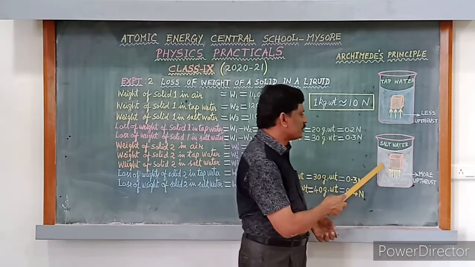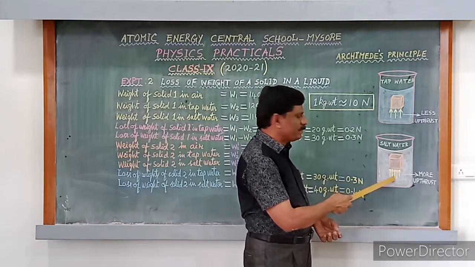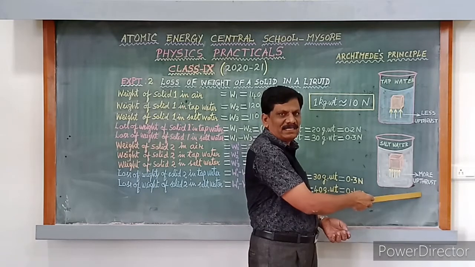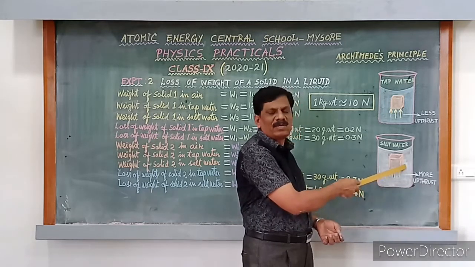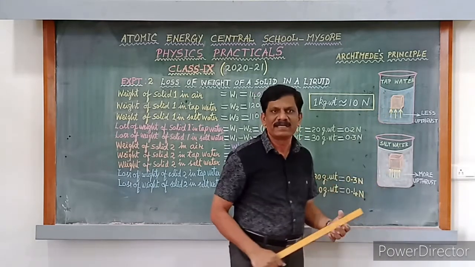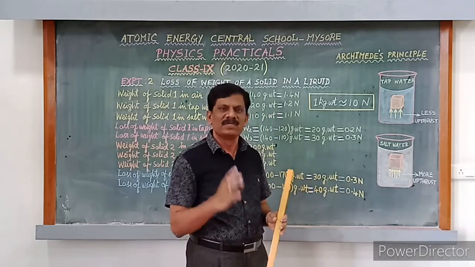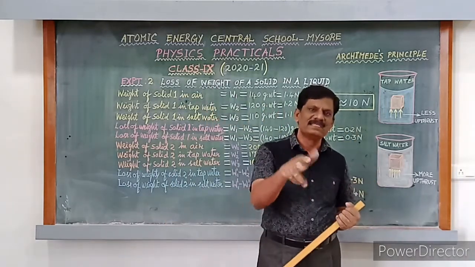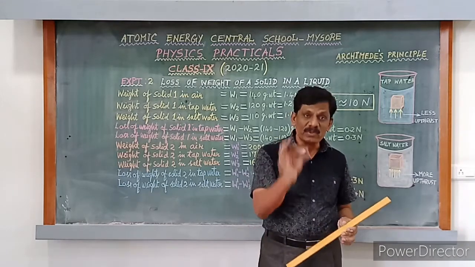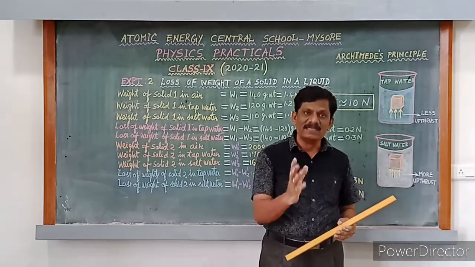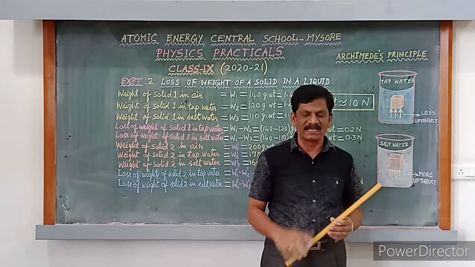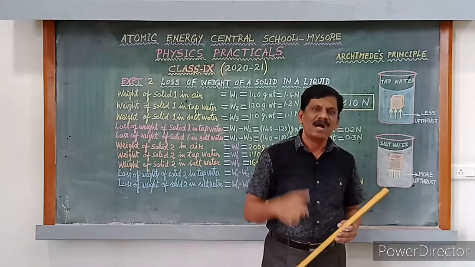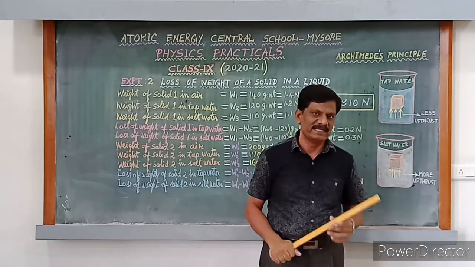In the second picture, the same object is experiencing a greater upthrust because the density of salt water is greater than that of the tap water. So we must know that the loss of weight of any solid inside a liquid is due to the buoyancy or upthrust exerted by the liquid on the bottom surface of the solid.